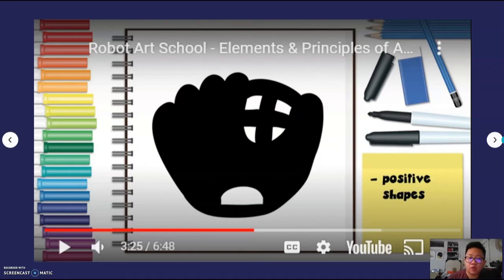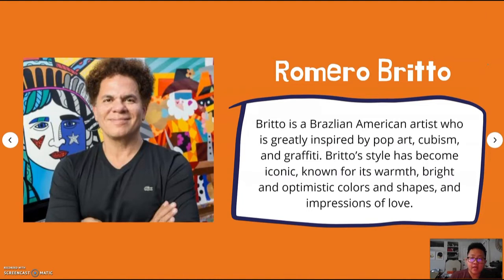So now that we learned about these shapes, let's go ahead and move on to learn about this famous artist, and his name is Romero Britto. He is a Brazilian-American artist, meaning that he was born and raised in Brazil, and he came to America to have a better life.